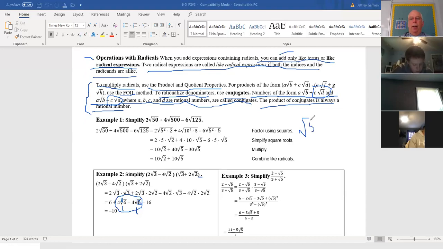So if I multiply radical 5 times radical 5, or the square root of 5 times the square root of 5, however you want to phrase it, same thing, you get the square root of 25, or you get the answer 5. That's an example of what they're talking about. Fair enough? Questions before I move on? All right.